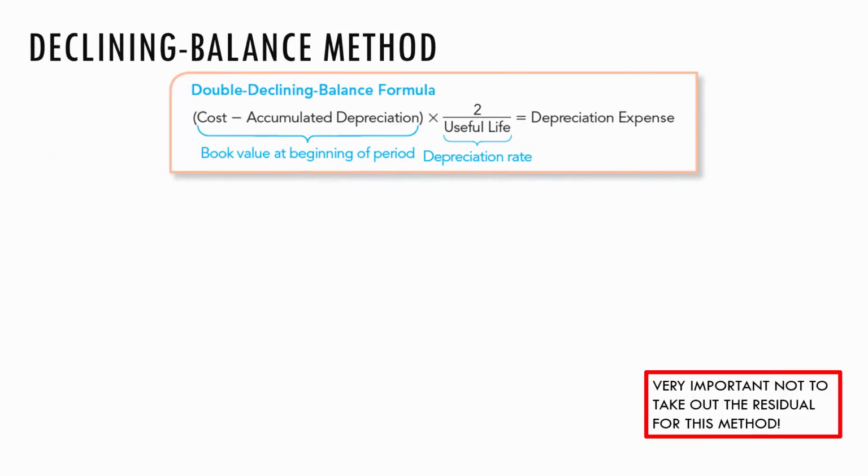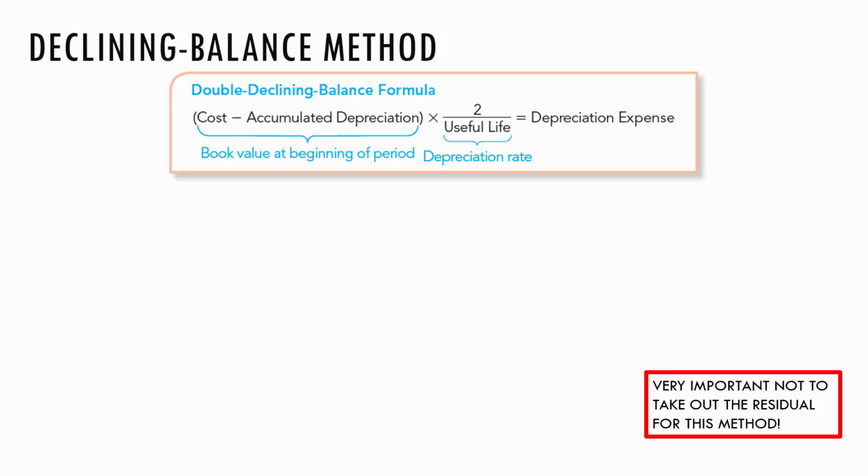Now, declining balance. One of the most important parts, and I have it in red, is to understand that it is not cost minus residual. All students try to do that. They say cost minus residual. No, it's cost minus accumulated depreciation.